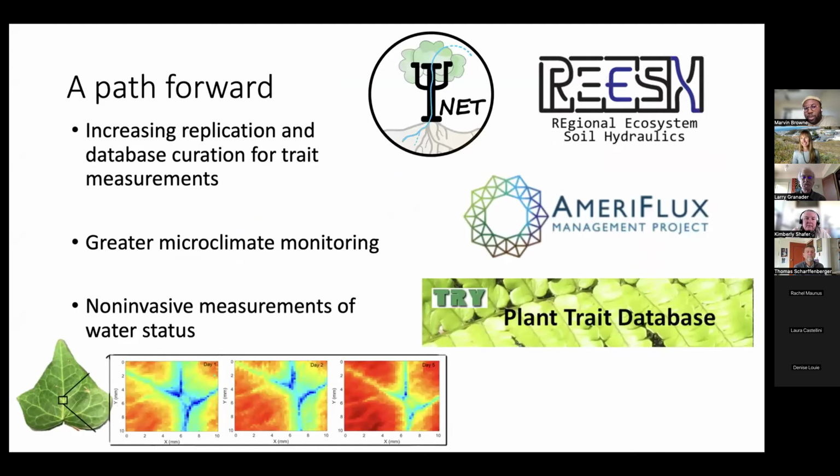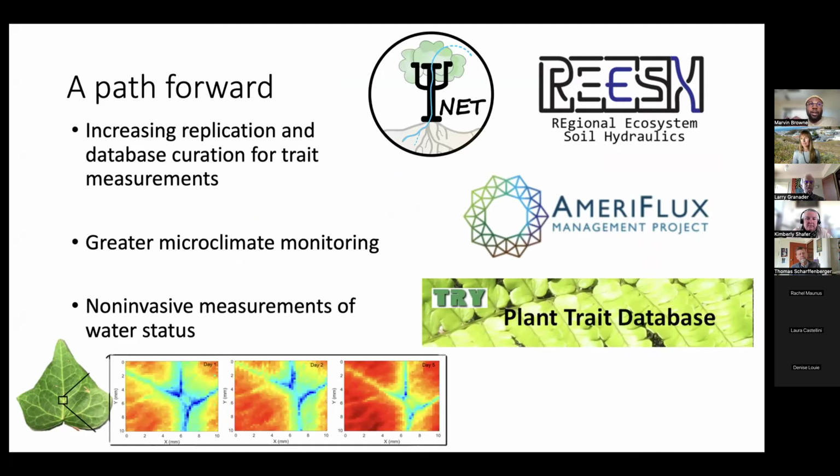There's a group of people that are trying to curate all of the different ways of estimating water status. And there are both small scale and larger scale measurements of these non-invasive measurements. In addition to the difficulty of measuring a lot of different elements of an ecosystem, the measurements are destructive.